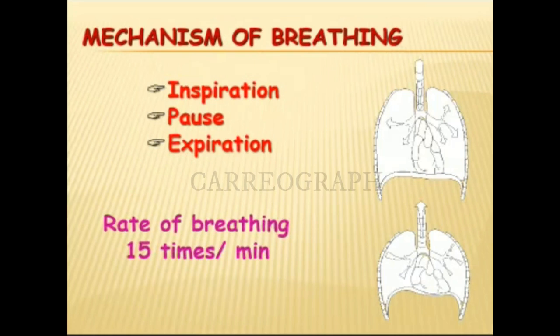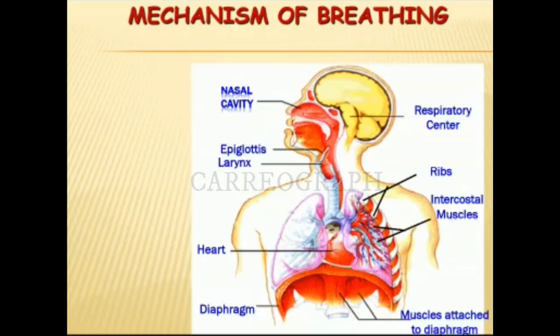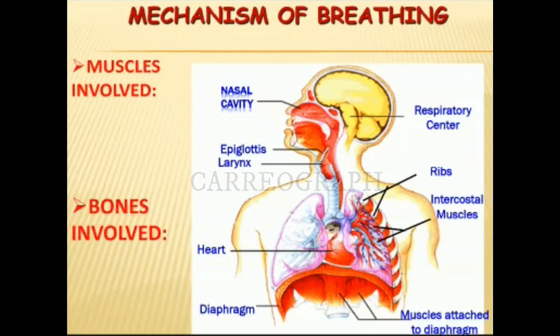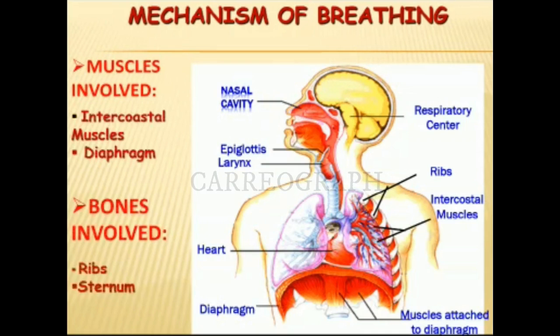Friends, inspiration is an active process and expiration is a passive process in which bones and muscles are involved. The important muscles involved are the intercostal muscles and the diaphragm, and the bones involved are the ribs and sternum.